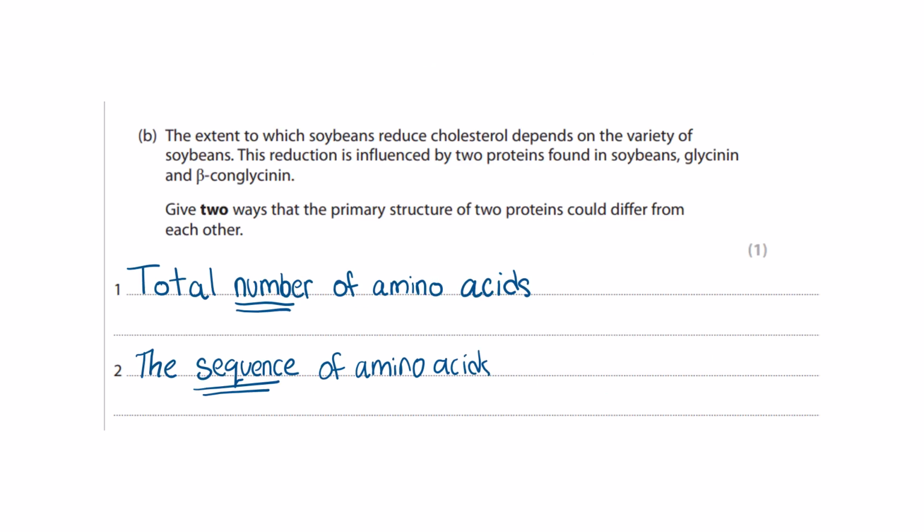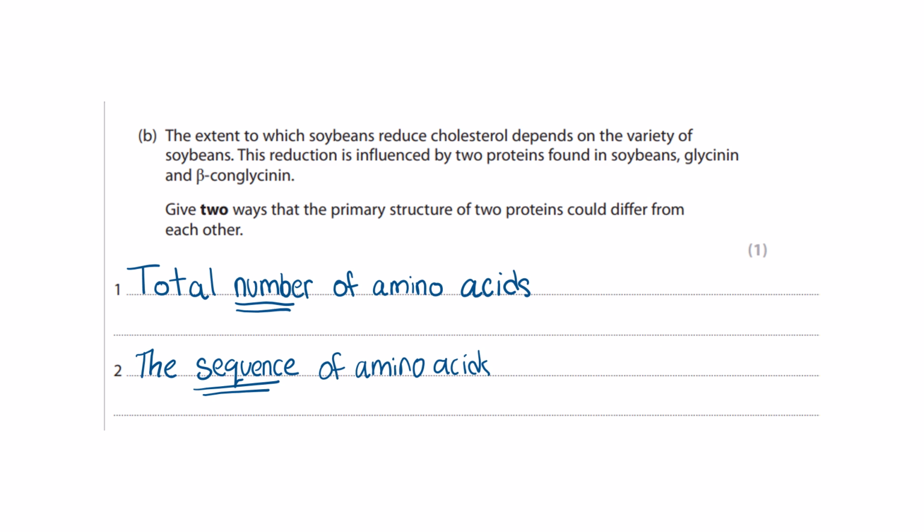Okay, the extent to which soybeans reduce cholesterol depends on the variety of soybeans. This reduction is influenced by two proteins found in soybeans, glycinin and beta-conglycinin. Give two ways that the primary structure of two proteins could differ from each other. Okay, so remember that a protein is basically like a huge chain of amino acids.